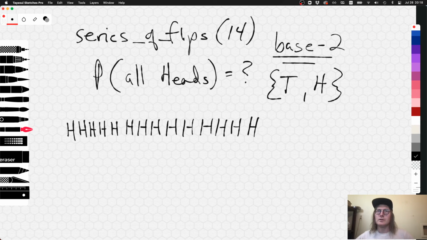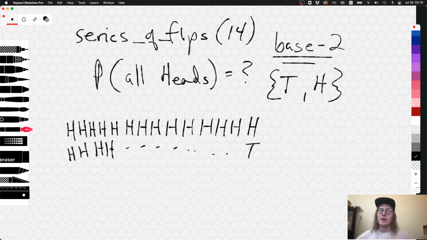Okay. How many ways can this occur? It turns out there's only one way that this can occur, because we only have heads or tails. There is no other way to get all heads. This is the only way. However, there are a lot of different ways that, like, we could have all heads and then a tails, and that would be 13 heads.